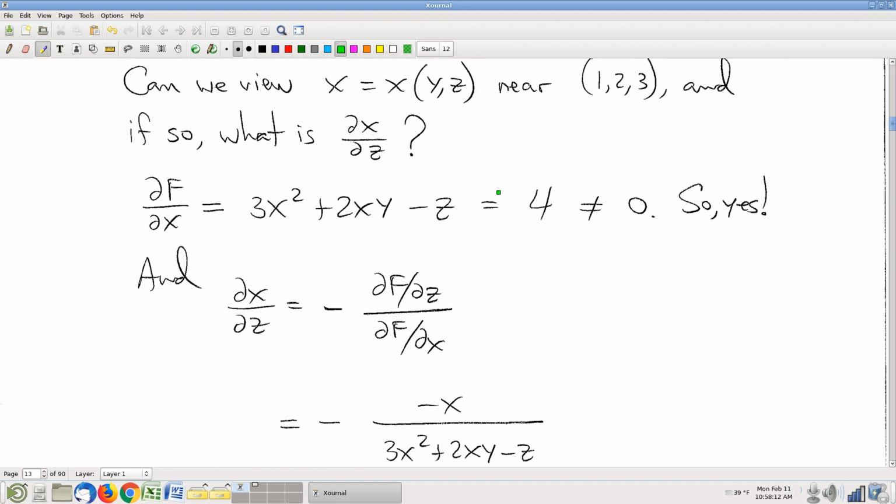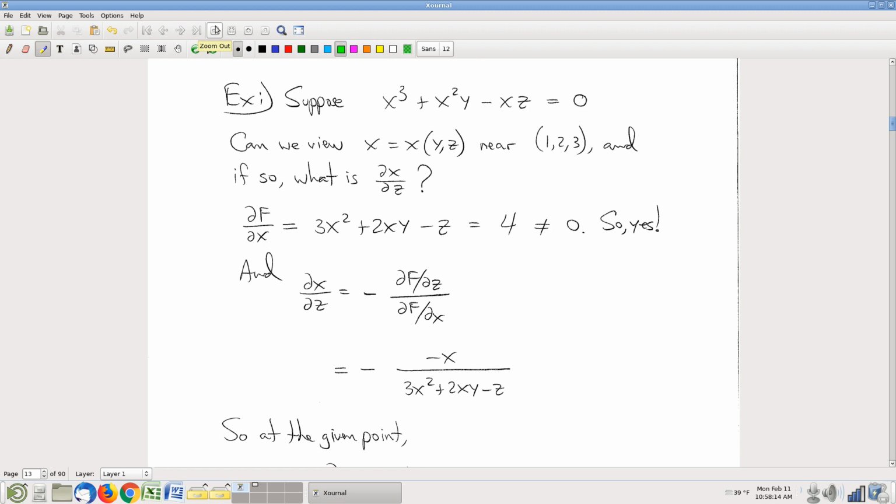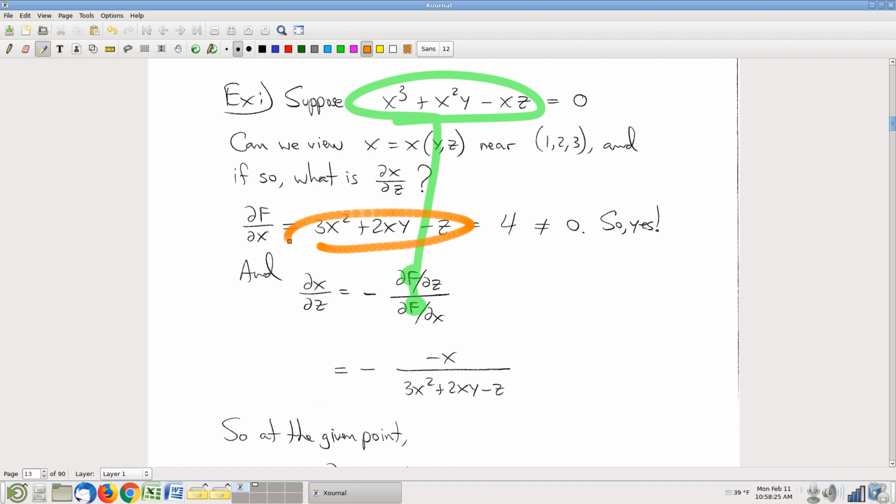Let's see. I've got to zoom out one. This thing, its partials with respect to z and x. By the way, conveniently, we already computed that x partial. That's convenient. But the z partial is easy to compute.